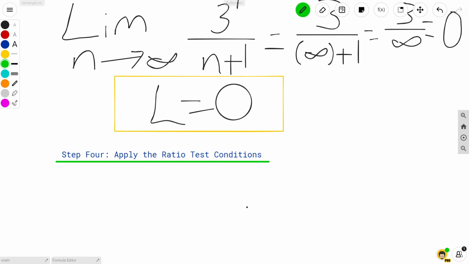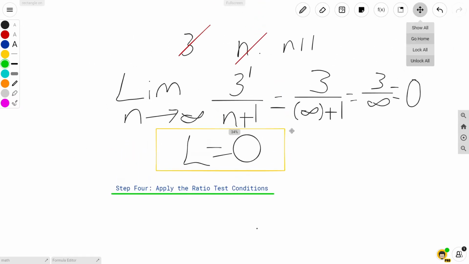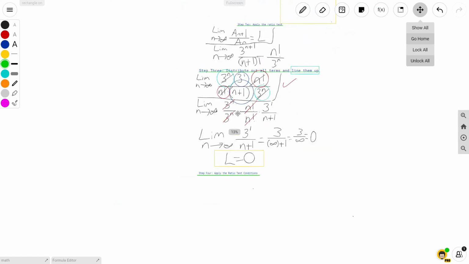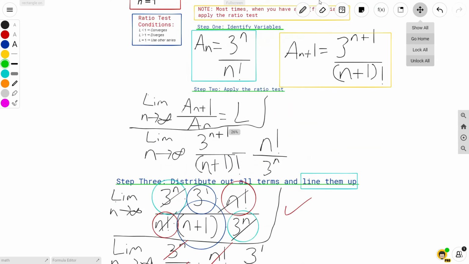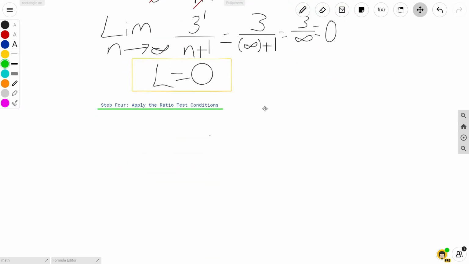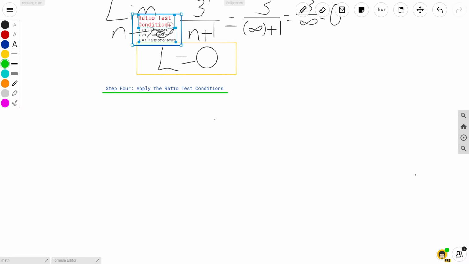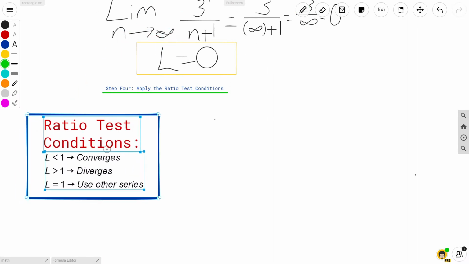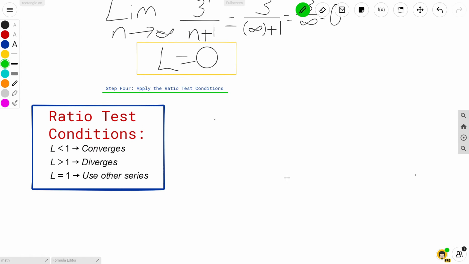So what are the conditions? Well, I did mention them earlier, but now I'm going to go ahead and drag them all the way down here. So these are our ratio test conditions.